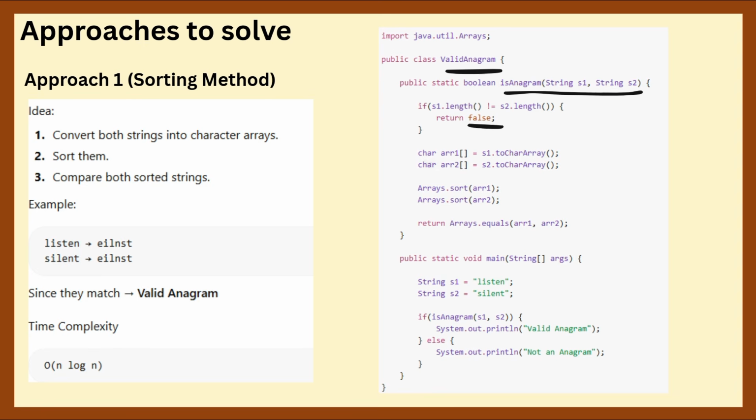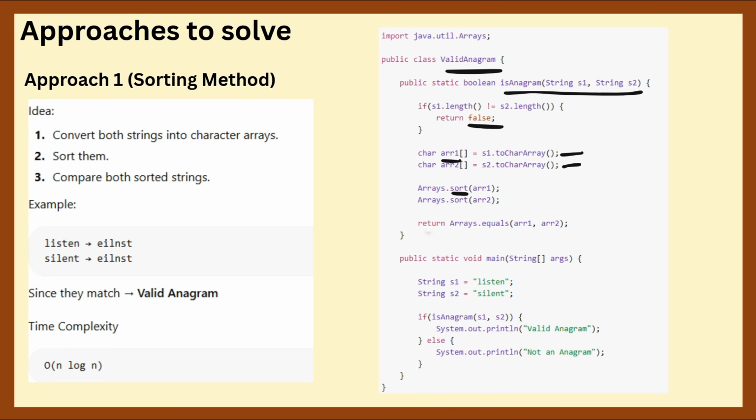We declare char array 1 and convert S1 to a char array, and S2 also to char array 2. After converting S1 and S2 to char arrays, we sort them using the Arrays.sort method, the inbuilt method in Java to sort an array.